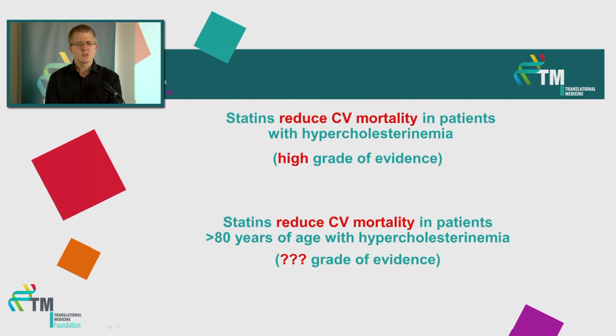Are you sure that the same grade of evidence applies to this subgroup of patients? What about the rationale for primary cardiovascular prevention above 80? I'm not really sure. And I'd like to point out that subgroups should be graded separately if you draw separate conclusions.